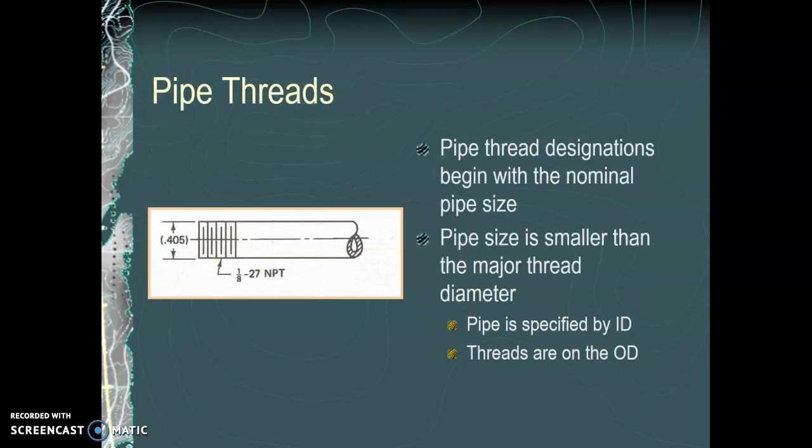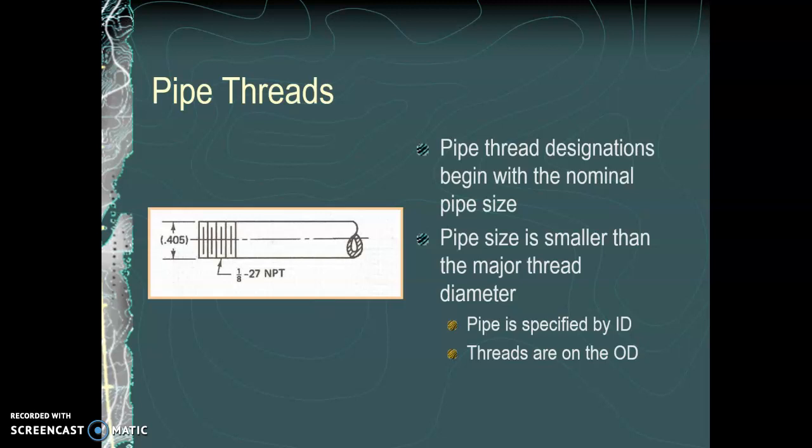Okay, let's move on to, I think we're getting close to the end here, pipe threads. So pipes typically don't use, or at all, the unified national thread form. That is really just for nuts and bolts and things like that.